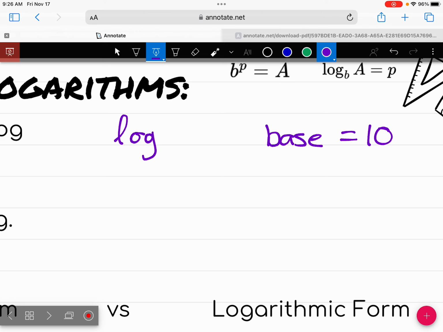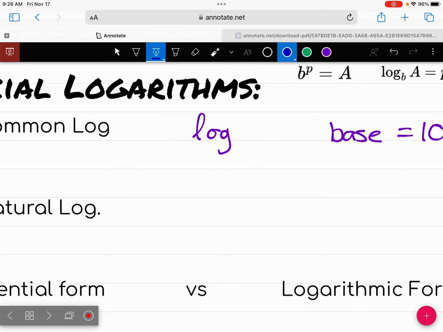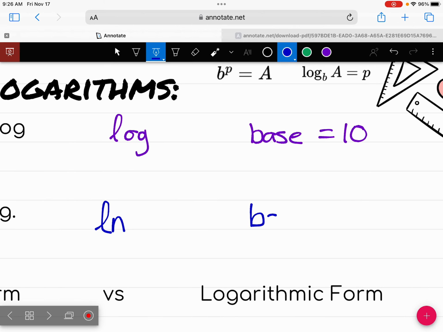The other one we have that can go on the calculator is the natural log, which would be, surprise, surprise, the one right below it on the calculator, and it's ln. Again, I loop it, otherwise it looks like 1n, which has a base of e.